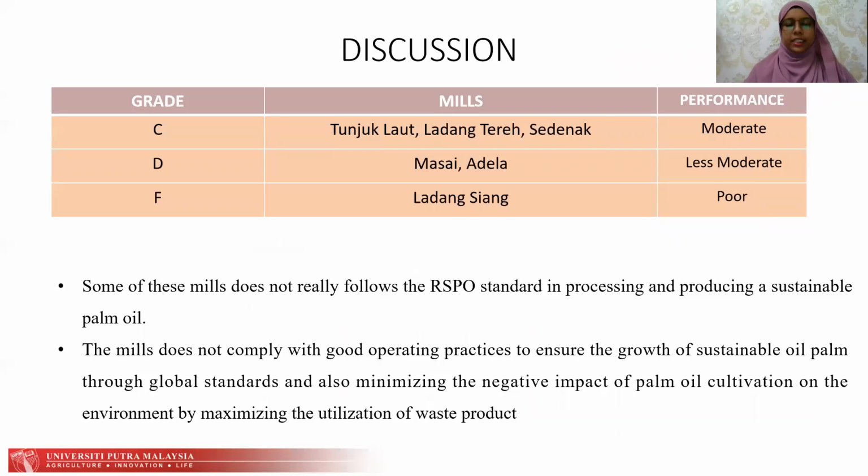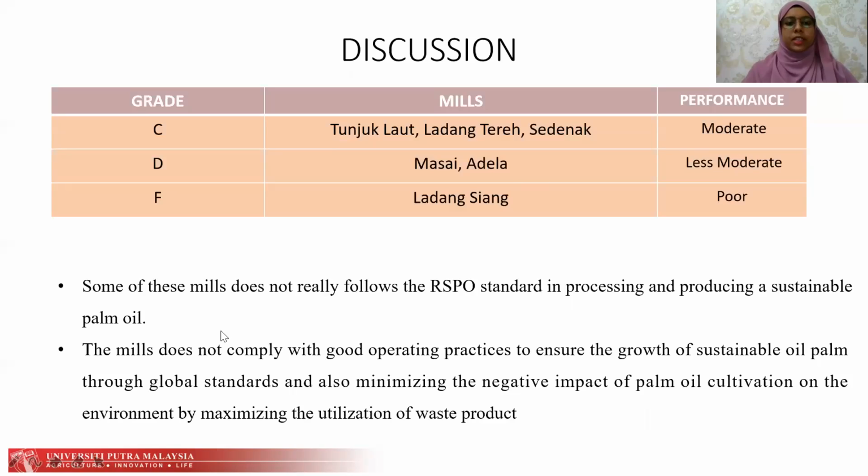As for the discussion, there are 3 mills that get C grade, where the performance is moderate. Also for Masai and Adela, they got D, where the performance is less moderate. And lastly, Ladang Siang shows poor performance as a palm oil mill.